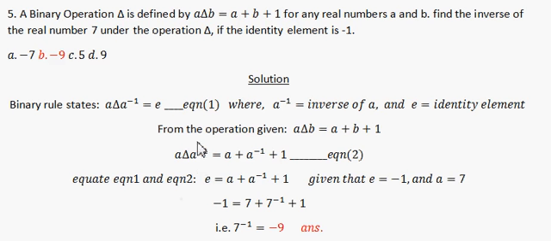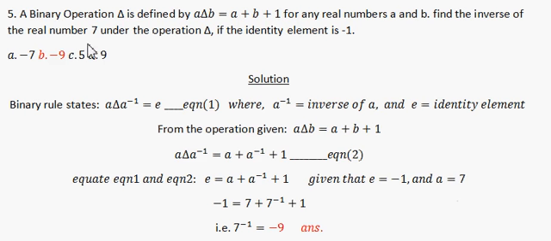And as you can see, the left hand side of equation 2 and the left hand side of equation 1 are equal. So what we need to do now is equate both sides. And when we do that, we get that E from our equation 1 is equal to A + A inverse + 1 from our equation 2, given that E is -1, that is our identity element is -1, and A is equal to 7.